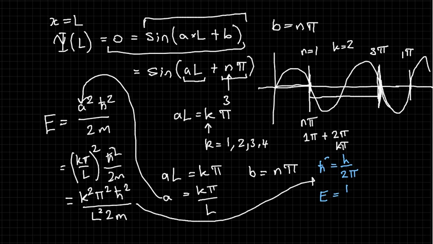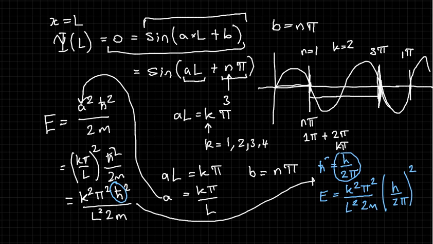Now, something else that we usually do when we show this answer, which is not always completely clear, is that we also have to remember that h bar is equal to h, which is Planck's constant, divided by 2 pi. So if we replace h bar with h over 2 pi, then we get our final answer.